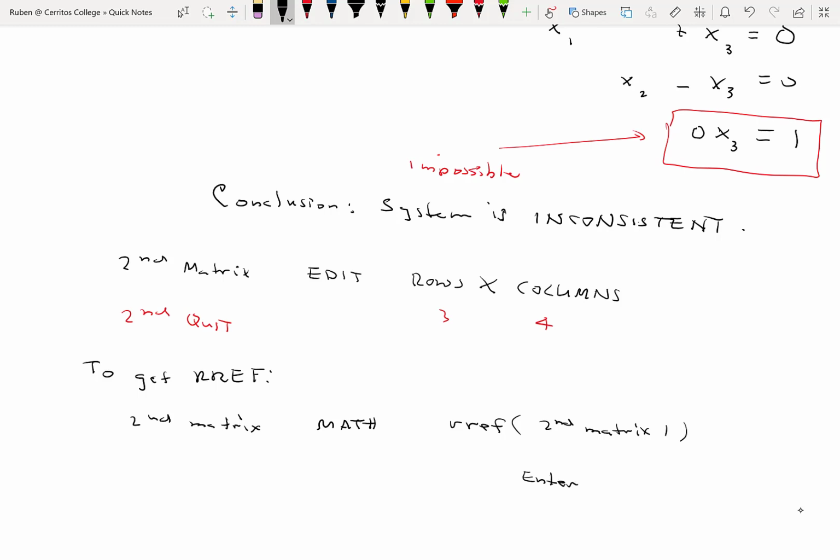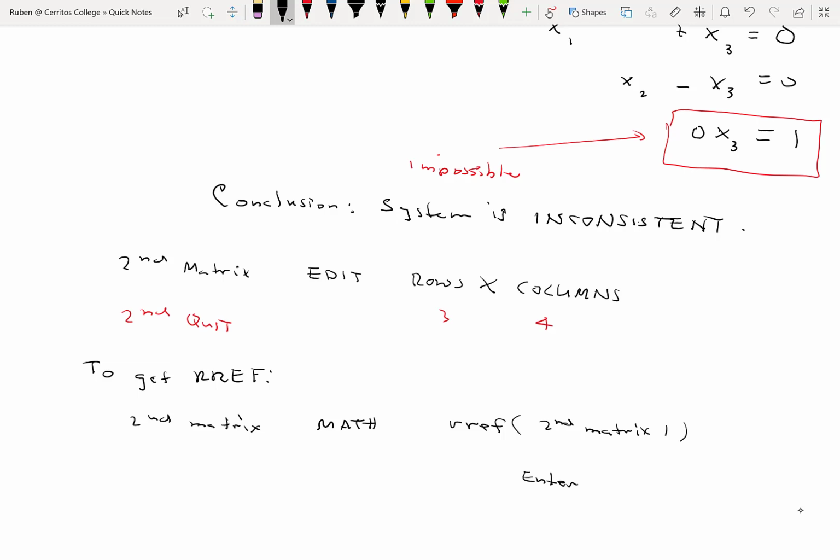I think it's amazing. We get the reduced row echelon form. The calculator produces RREF for us. Okay, and the RREF is unique. Every matrix has exactly one RREF. So there's no worrying about if you're going to get a different RREF for a particular system.